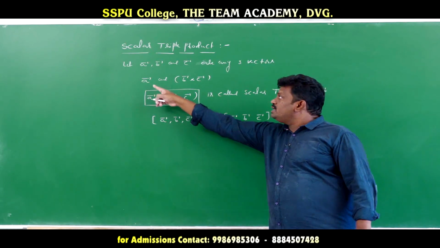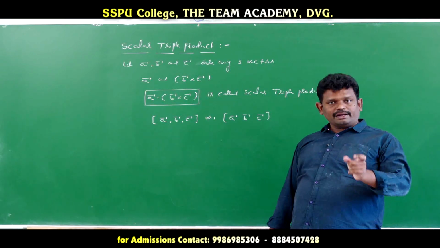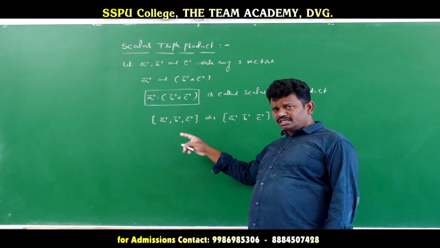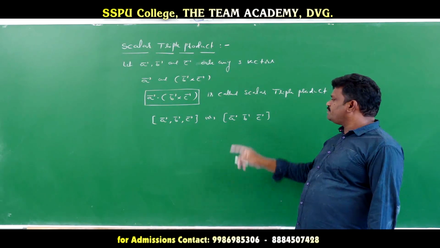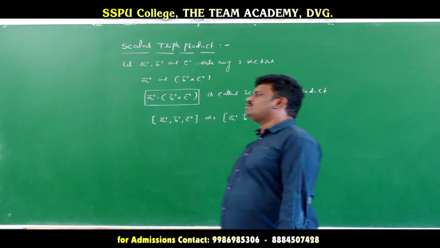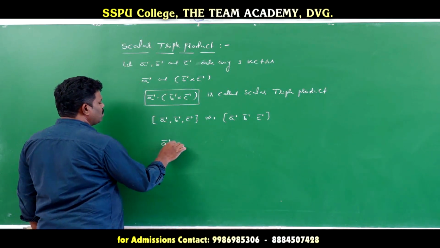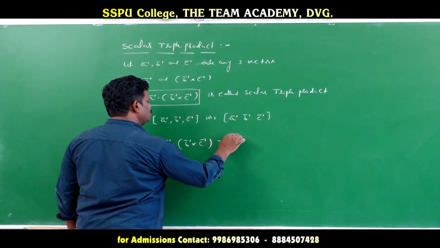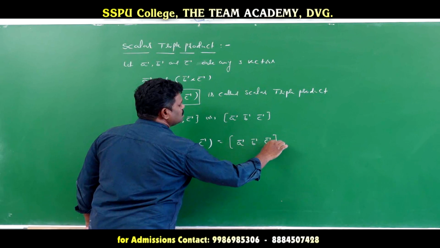This scalar triple product is defined by box of A bar, B bar, C bar. So finally, A bar dot B bar cross C bar is equal to box of A bar, B bar, C bar.